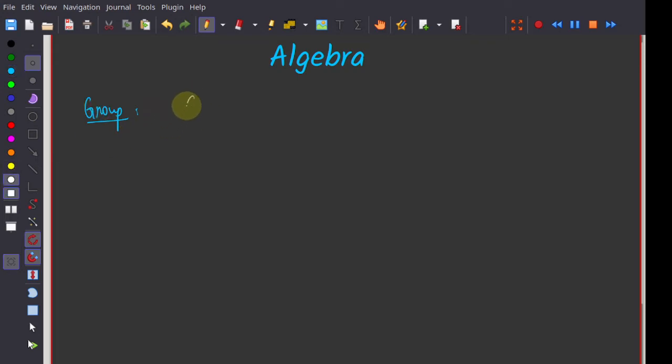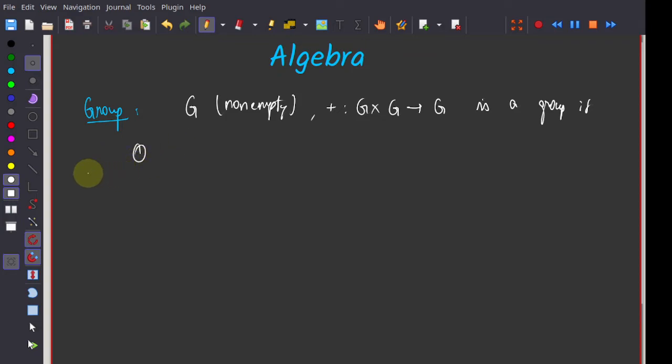Recall that any non-empty set G and an associated binary operation plus, which takes two elements of G and puts out another element of G, is a group if the following properties are satisfied. Firstly, it has to be associative. The order of addition does not matter.